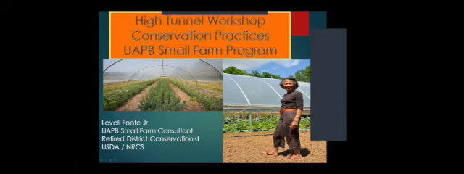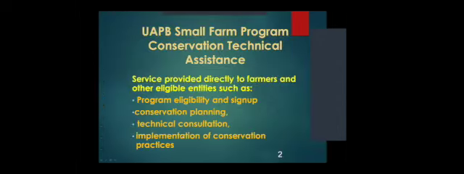One thing I'd like to say to you: the UAPB Small Farm Program has conservation technical assistance available to help you with some of this. Through the Environmental Quality Incentives Program, NRCS can help you with the high tunnel system we're talking about here today.